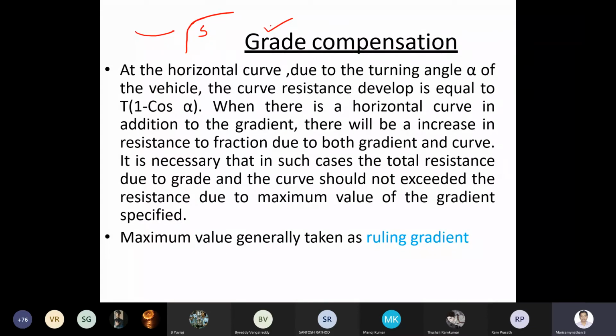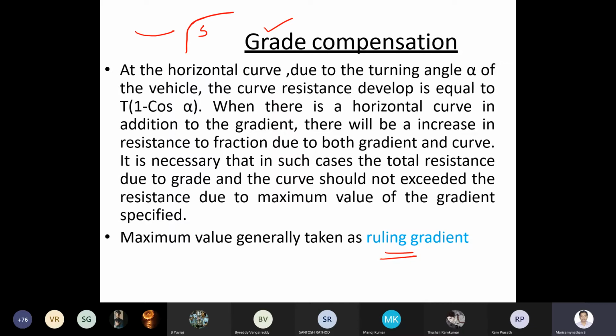That maximum value we generally take as the ruling gradient. So IRC has defined grade compensation as the reduction in the gradient at the horizontal curve because of the additional tractive force required due to the curve resistance.